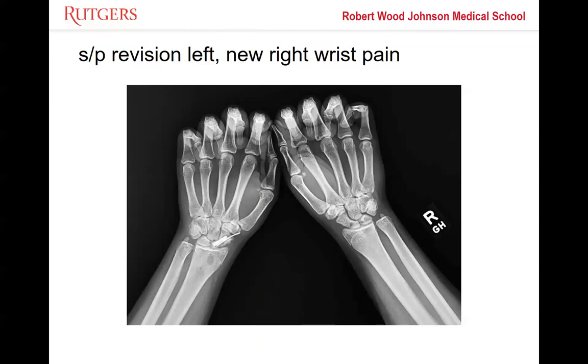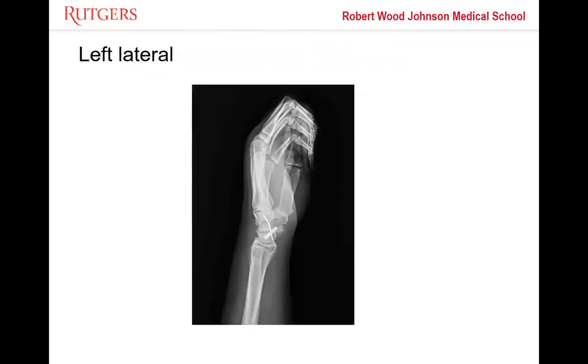So now he's got bilateral proximal scaphoid fractures. Here's just another picture of where that pin was inserted for that additional point of fixation. So I took him back, and then I went ahead and put a screw in the right side. So now he's got a screw in both wrists.